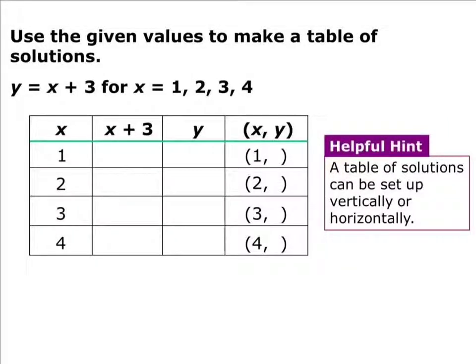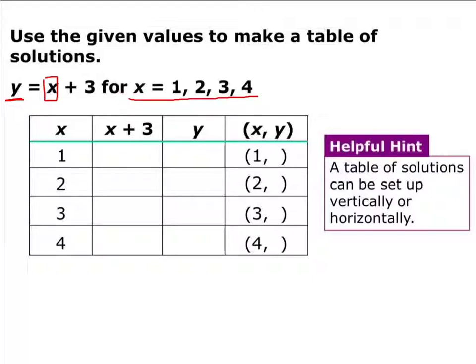Alright, in our next one we're actually going to be forming a table using the values that it gives me for y up here. Okay, we notice that actually we're trying to find our y, I guess. And it gives us these x values right here. Look, it says x equals 1, 2, 3, and 4.